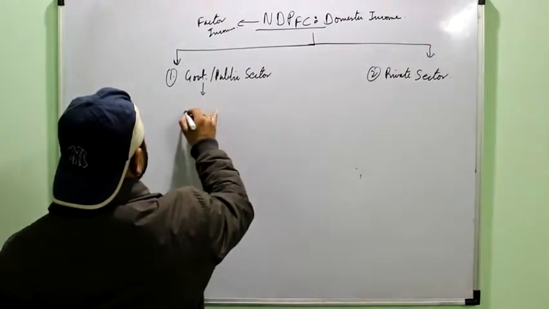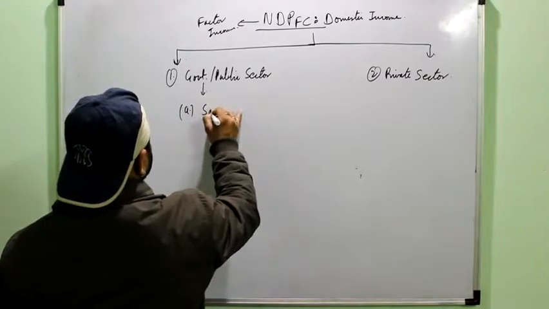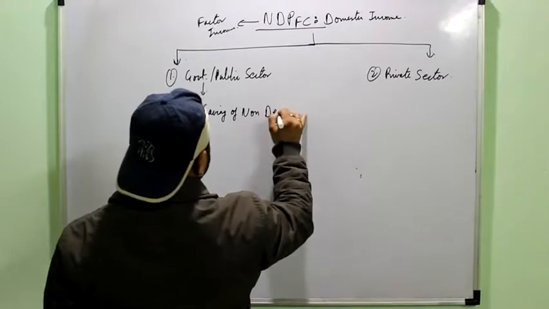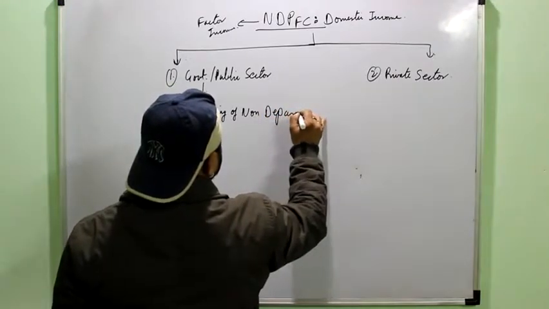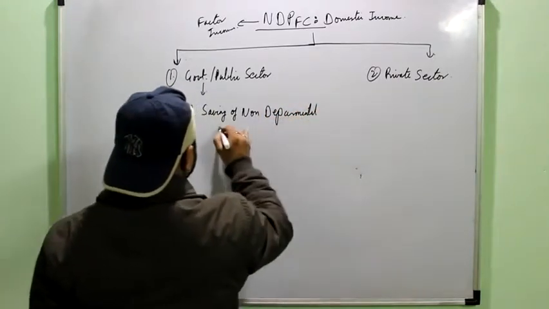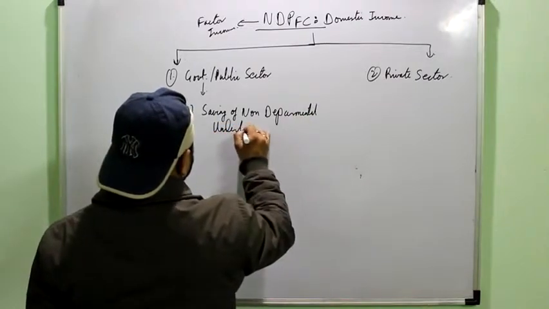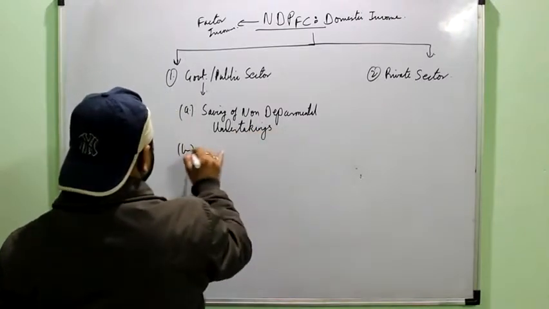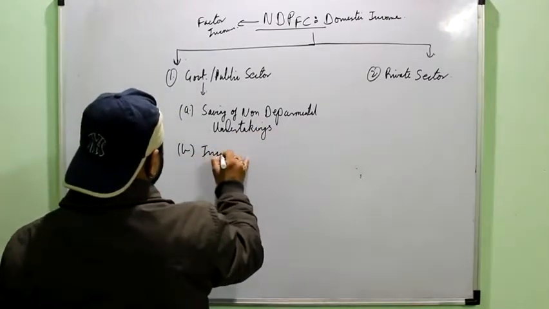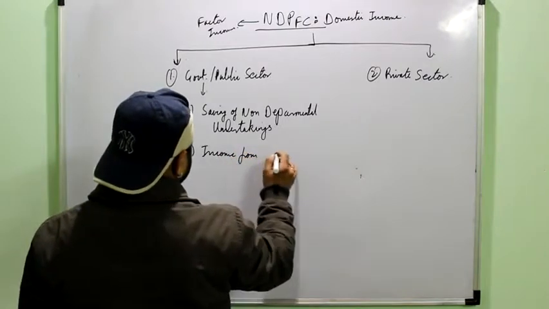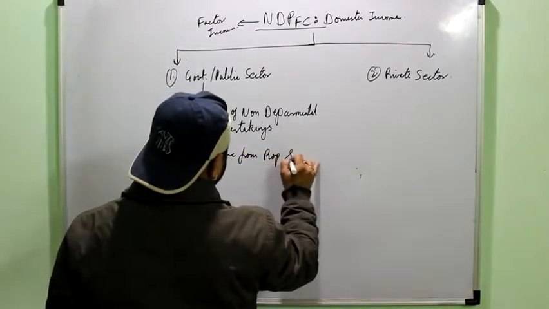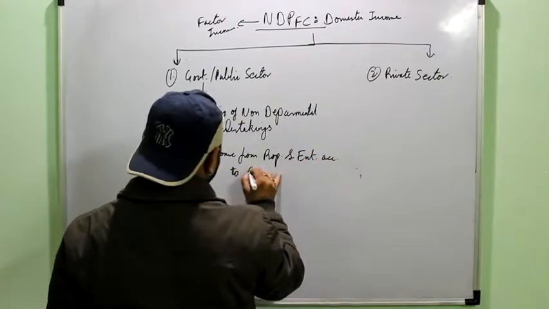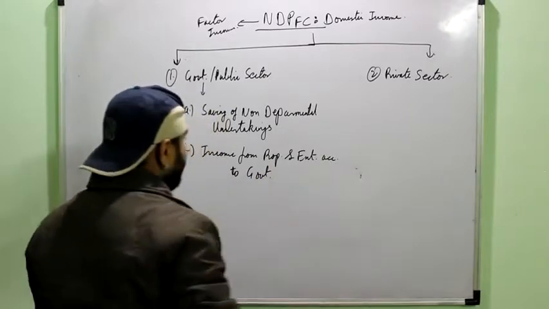Government's income is classified into two categories. One is the saving of non-departmental undertakings, and second is the income from property and entrepreneurship accruing to the government.